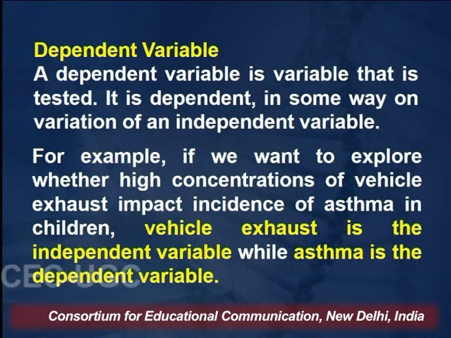For example, we are doing this particular research only, we are exploring whether the high concentration of vehicle exhaust impacts incidence of asthma in children, and if at the end of our findings we are going to conclude that the higher concentrations of vehicle exhaust does impact, or impact severely, the incidence of asthma.